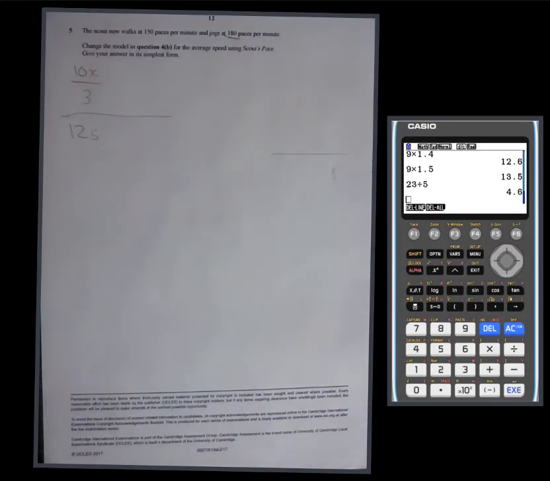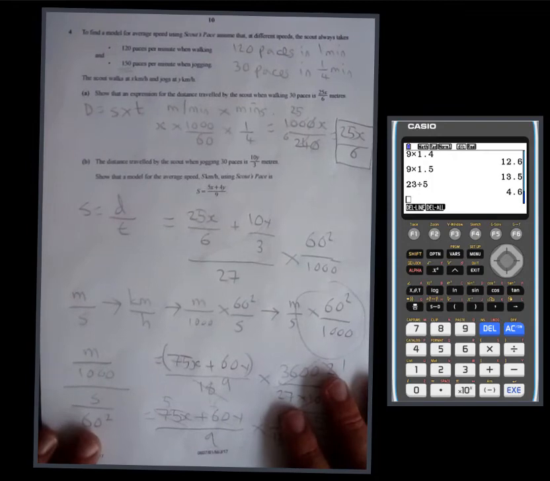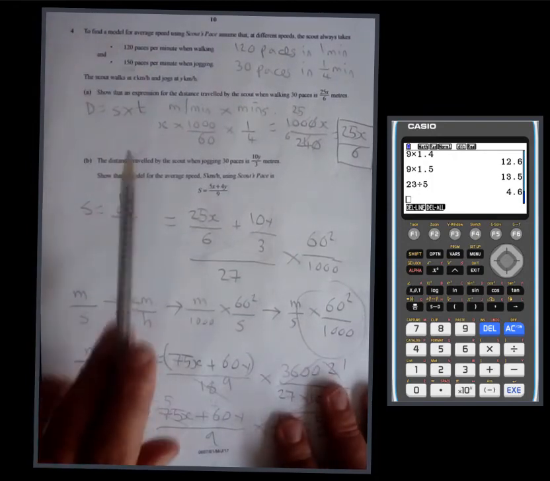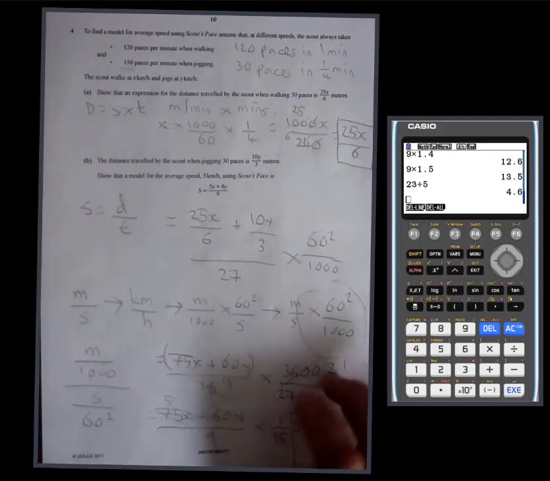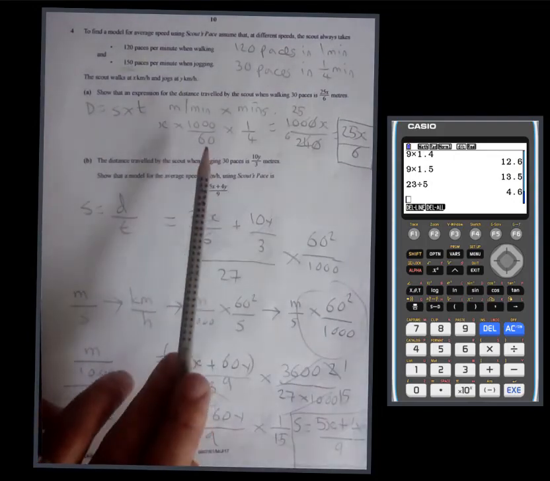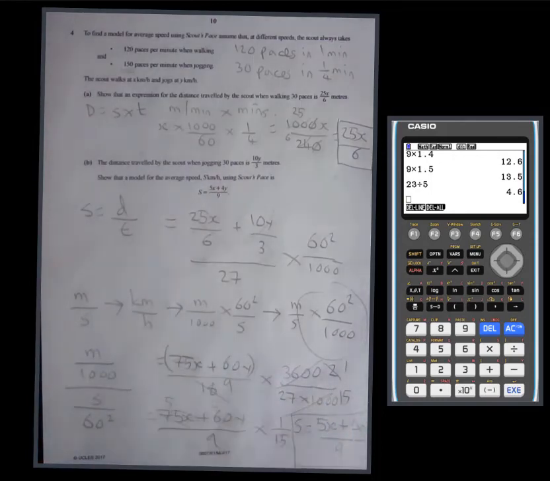So if we look at what we did before, we worked out the distance, and we did it in meters per minute times the number of minutes. So we're going to have to work out how long this takes in seconds and how long it takes in minutes.